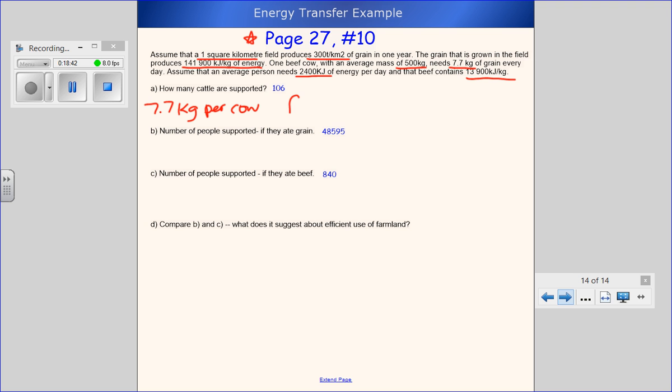We also know that in our field, we have 300 tons for every kilometer squared, and that's how much I actually have. So I'm just going to take those two numbers and divide them. So I'm going to do 300 tons, which is actually 300,000 kilograms. I'm going to divide it by 7.7 times 365 days, because that's how many days there are in a year.